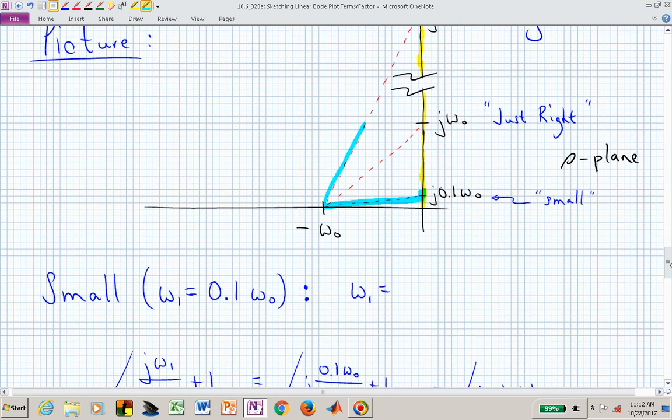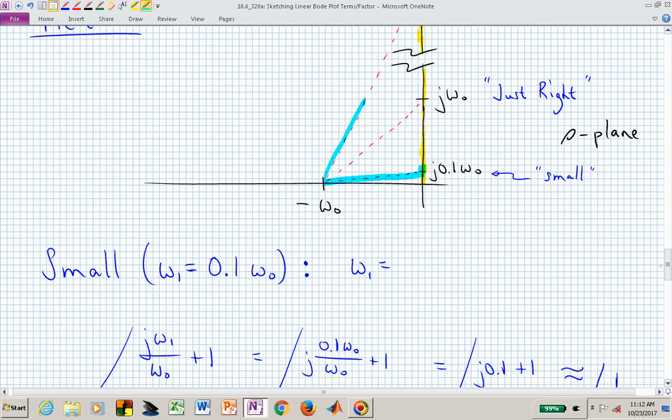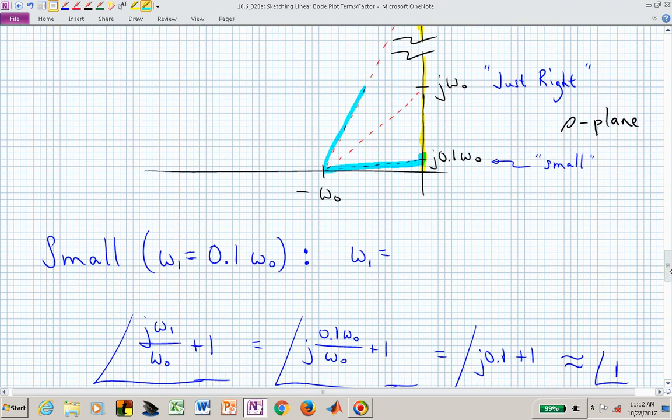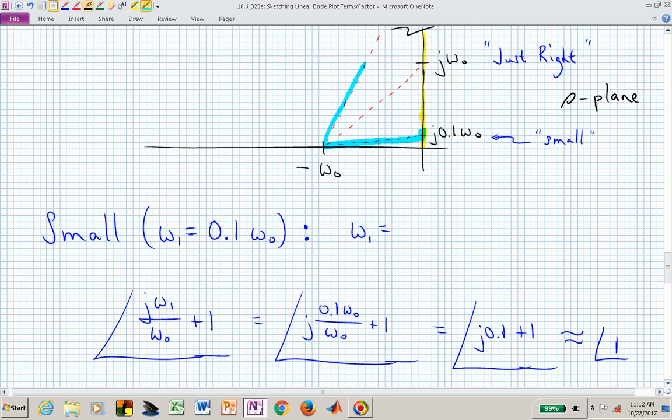And we can calculate all of those for this particular example. In our case, omega 1 is a decade before omega naught. So we're at 1/10 of where our break occurs, which is at 0.1. So now we are going to consider our small frequency to be at a value of 0.01 radians per second.